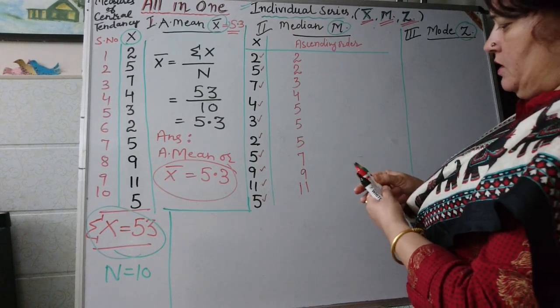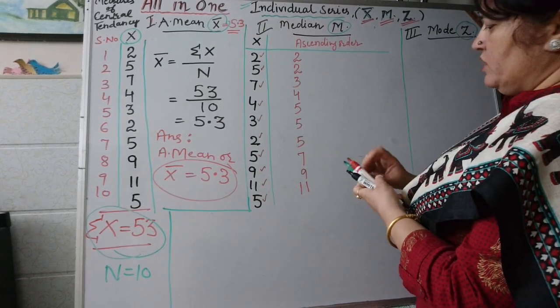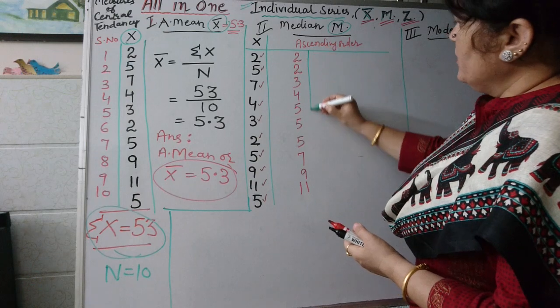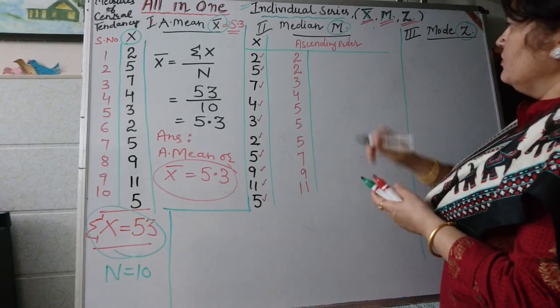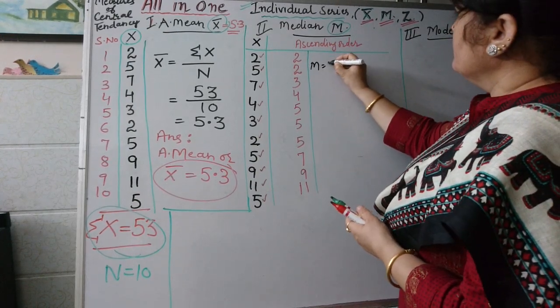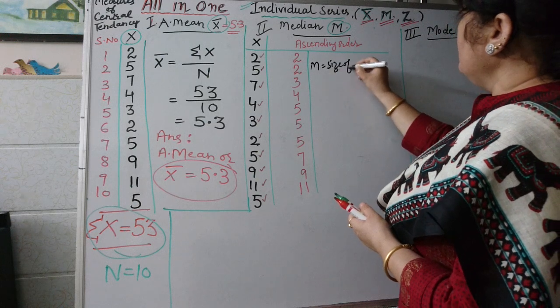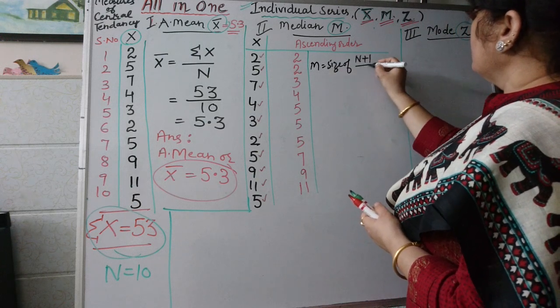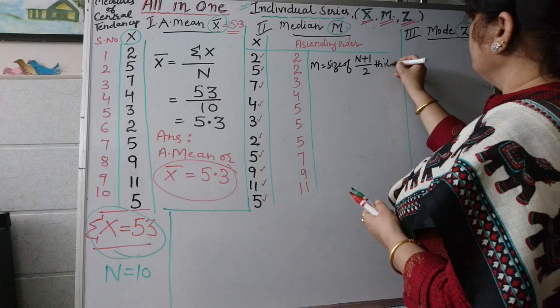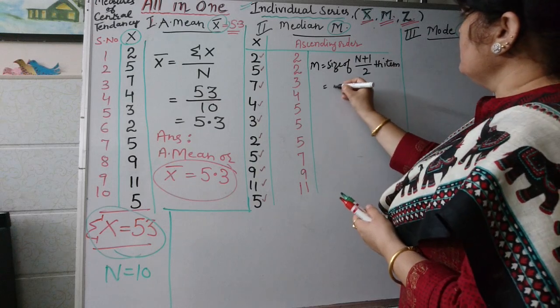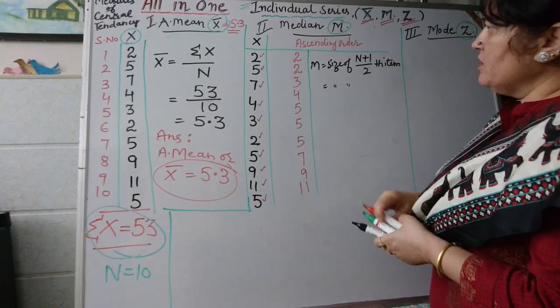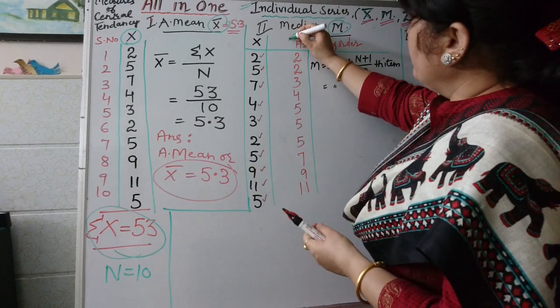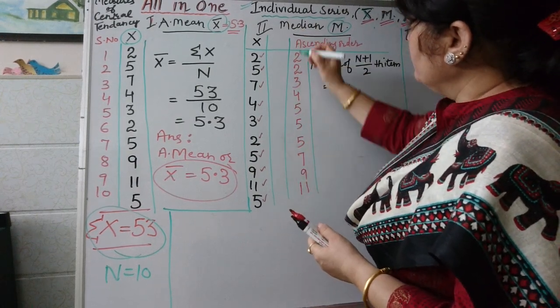Then let us write down the formula for the calculation of median. M is equal to size of (n plus 1) by 2 item, is equal to size of, how many items are there? Again I am preparing serial number here.